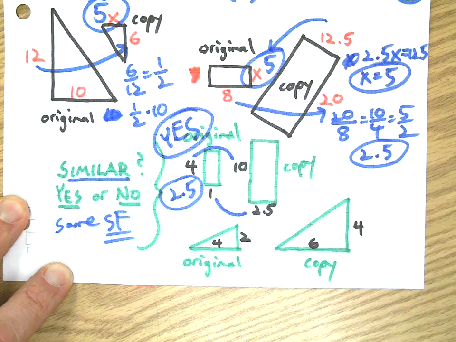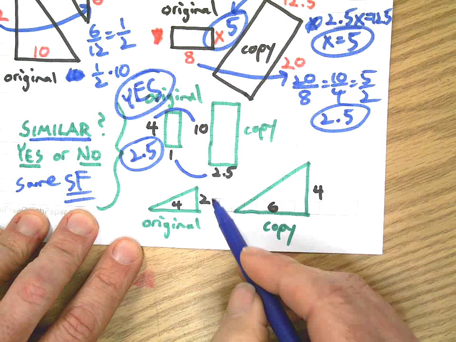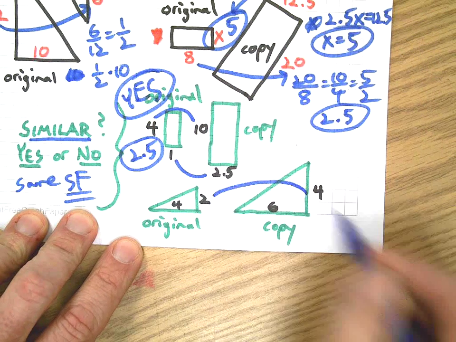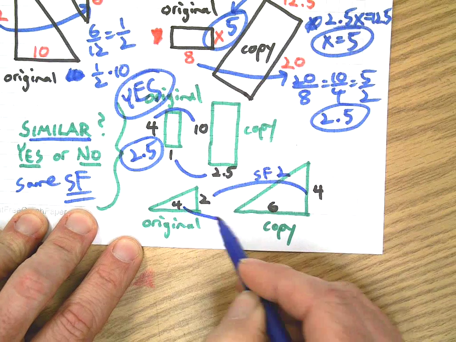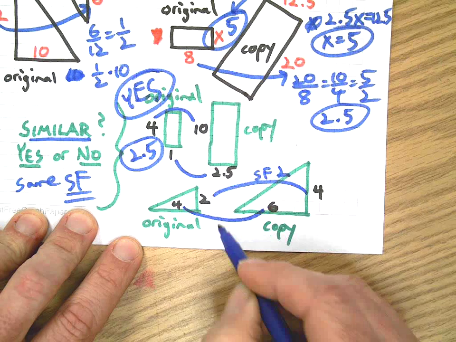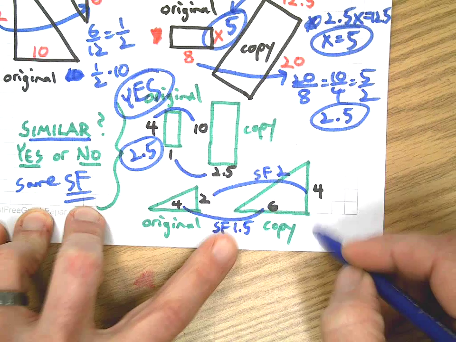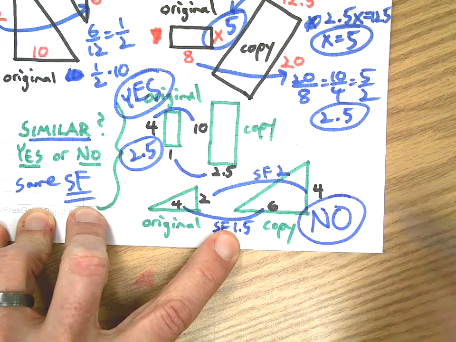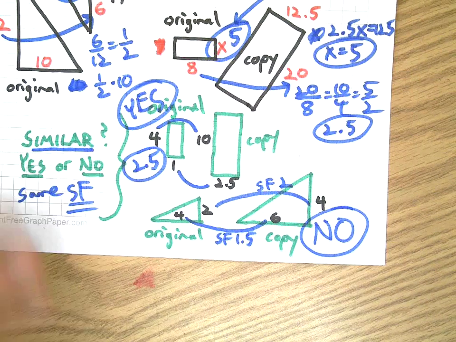So that is a yes. What about this one? 2 times 2 is 4. 4 times 2 is not 6. Those do not have the same scale factor, so they are not similar.